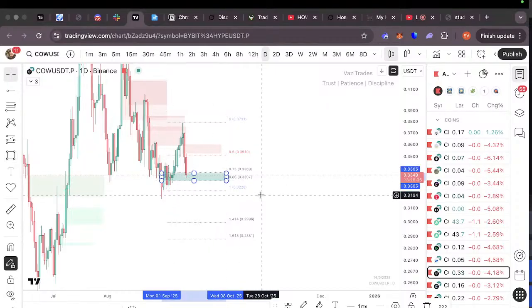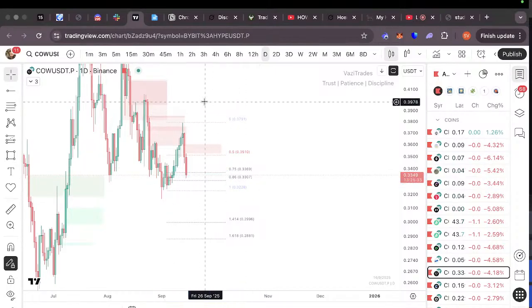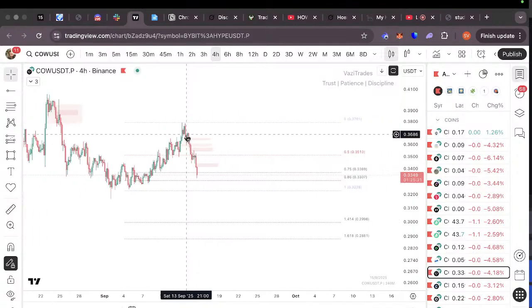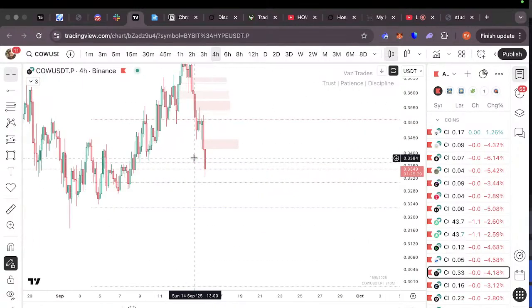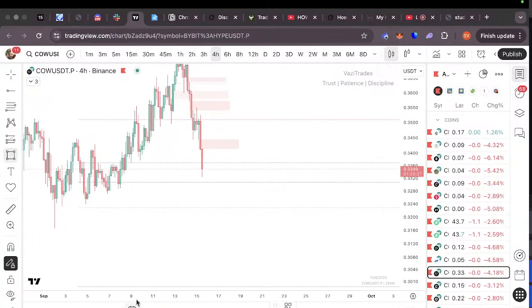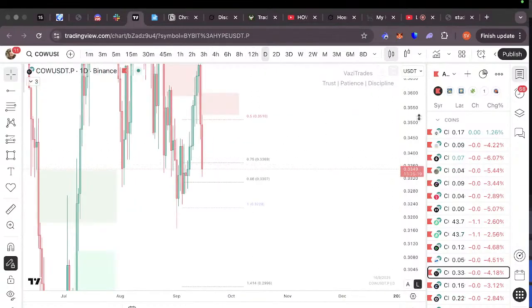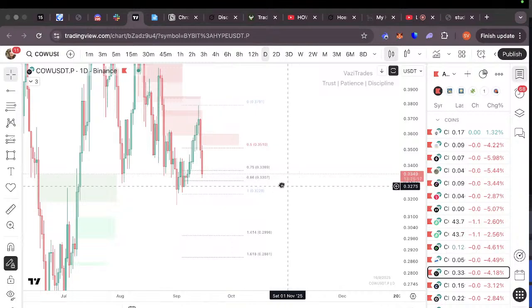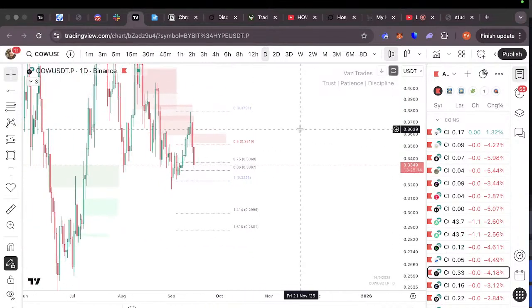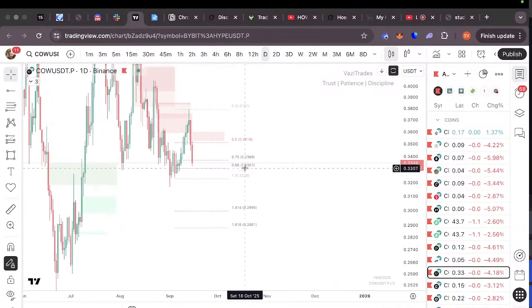It has this confluence with Fibs, and if we go to 4-hour time frame, it has confluence with this candle, bullish order block on 4-hour. So on lower time frame, it has more confirmations that this level can stand as a support. Okay, but don't forget that 0.5 will be again resistance, and so on.